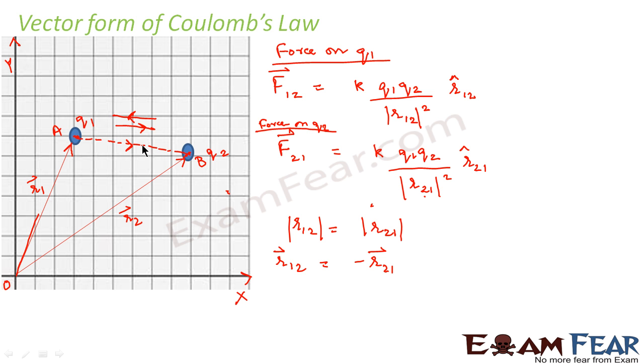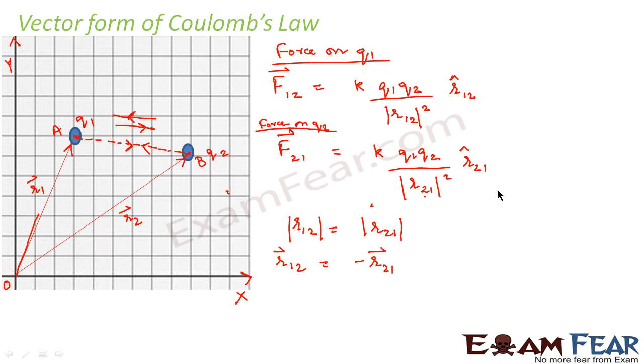Similarly, if you talk about R21, it will be in this direction. So in that case, the vector law of addition will get reversed, so it will become R1 minus R2. I am not doing that because I am leaving it up to you, because I have repeatedly and exhaustively explained the vector laws of addition. So I hope you will be able to do it, right? So we can say that R12 is equal to minus R21.